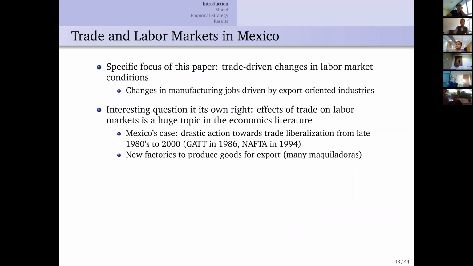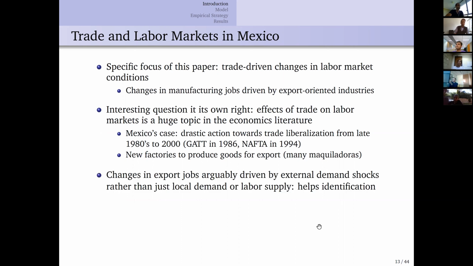Mexico provides an interesting case because the country took drastic action towards trade liberalization in the last 2 decades of the last century. Along with this trade liberalization came an increase in the number of new factories to produce goods for export, many of which were maquiladoras, which have special tax benefits, or tariff benefits.